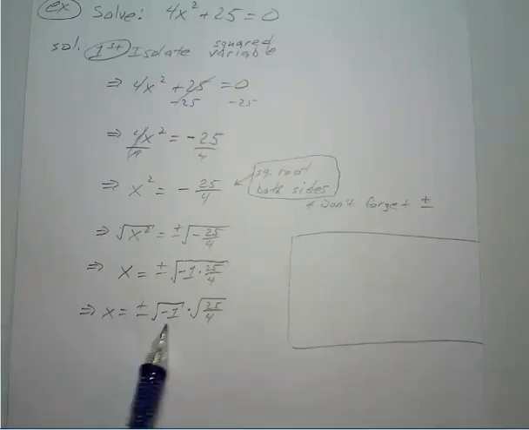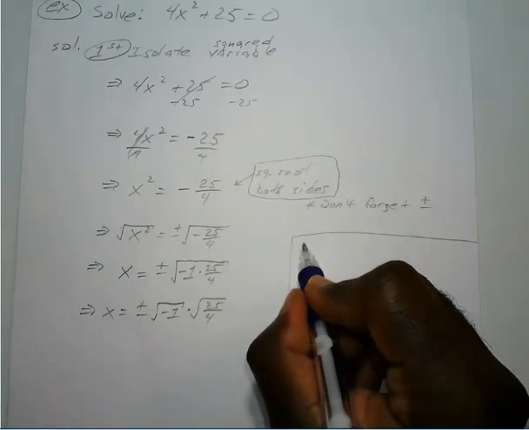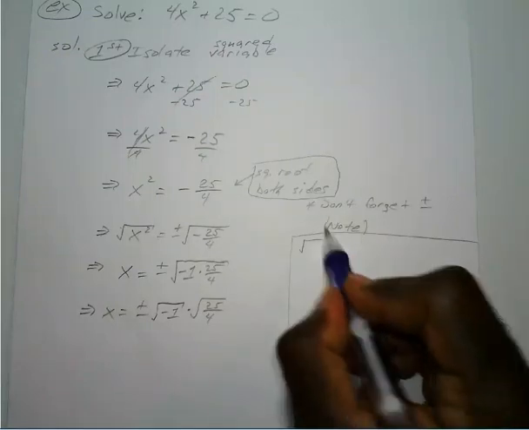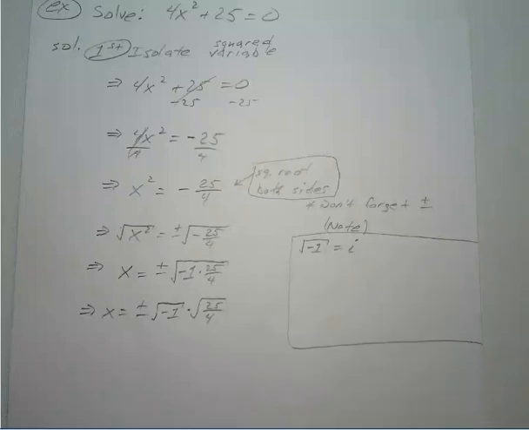Okay, now we're going to do both of those separately, because remember, a quick note here: the square root of negative 1 is equal to i. That's our complex number.